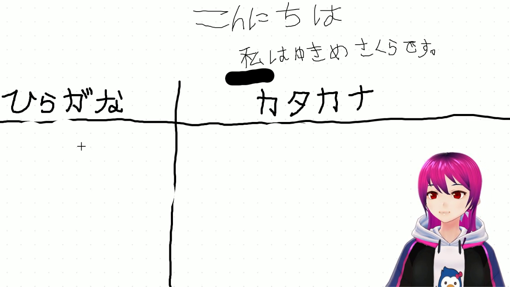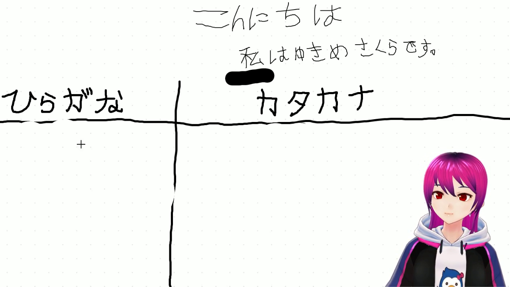For most of these syllabary characters, we have what we call tenten, which soften the character.